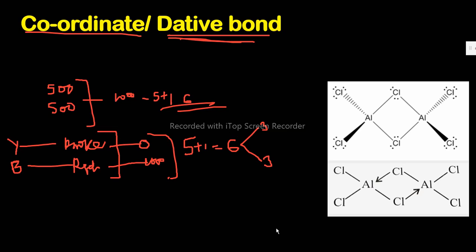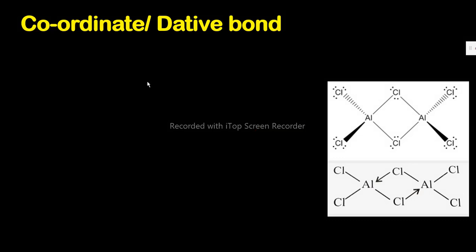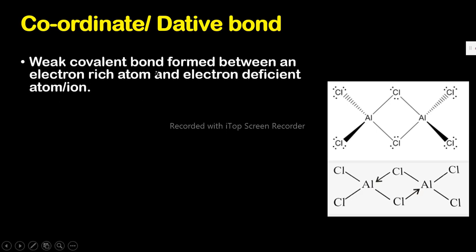So a dative bond is a bond that is formed by sharing of 2 electrons, but all the 2 electrons are contributed by 1 atom.